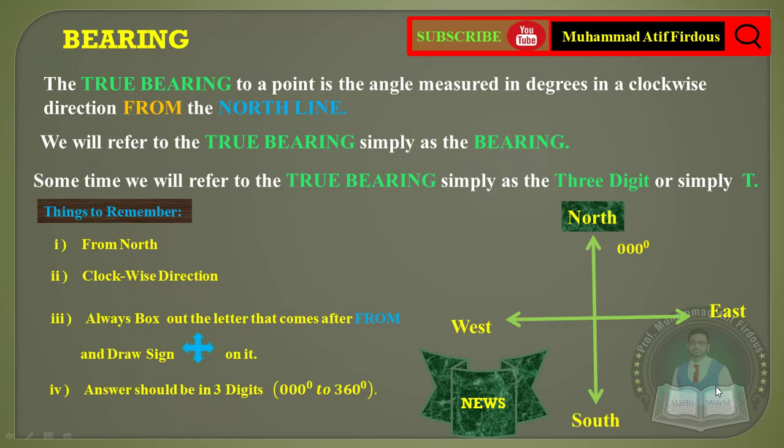We start with north, 90 degree, 180 degree, 270 degree or 360 degree. So this is a simple definition of bearing, or you can say true bearing. You can write it as 000 degree T. T stands for true bearing. You can represent it with the letter T.